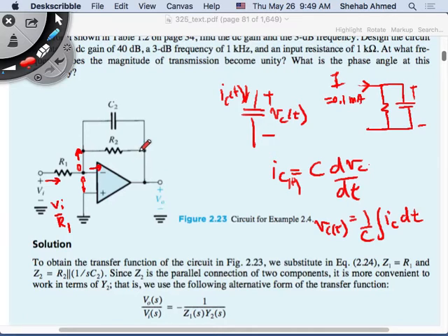The voltage across the RC circuit is going to be the negative of the output voltage. Since current is flowing here and here, there's a voltage drop across this parallel combination, and this voltage is 0. So the output voltage is equal to the negative of this drop. So now my problem is, how do I calculate VC?